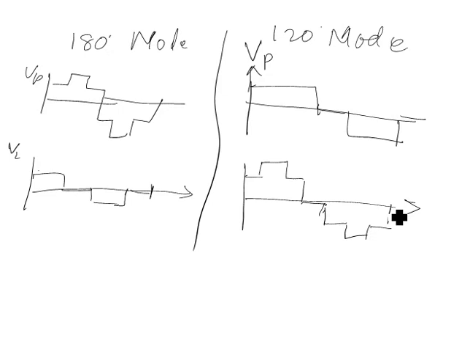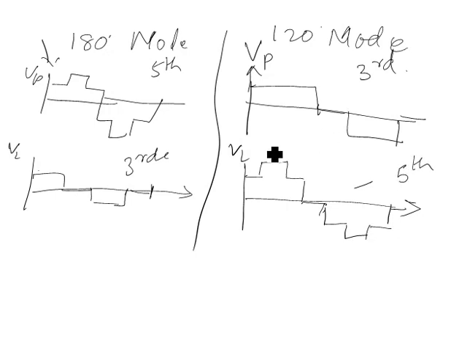In your 180-degree mode of conduction, the lowest harmonic in the line voltage is fifth harmonic, whereas in the 120-degree mode of conduction, the phase voltage's lowest harmonic is third harmonic. In your line voltage, the lowest content is fifth harmonic.